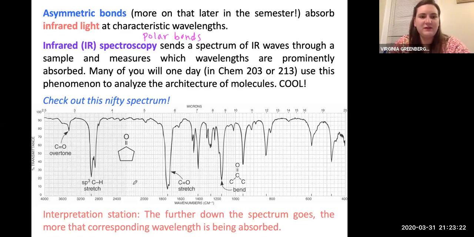And so in this graph down here shown at the bottom, we see that any dips correspond to absorption of infrared light. And different functional groups will absorb different types of infrared light.